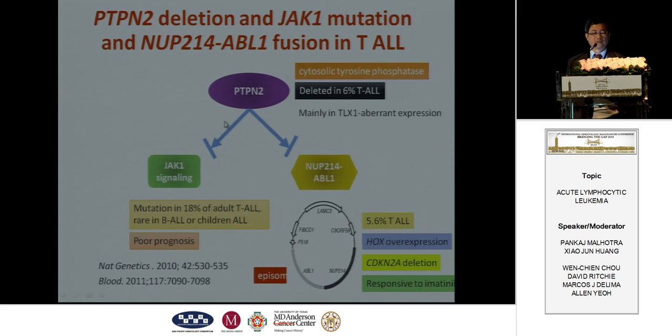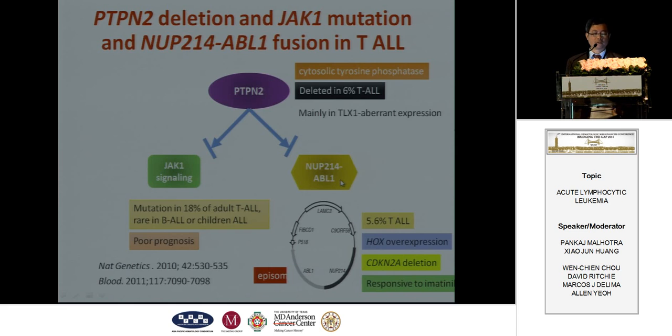And as to T-ALL, there's one pathway that's important to mention. That is PTPN2 and the JAK1 and NUP214-ABL1. PTPN2 is a phosphatase which can abate the activation of JAK1 signaling and the NUP214-ABL1 fusion.